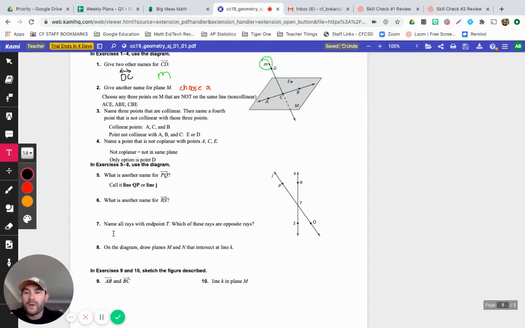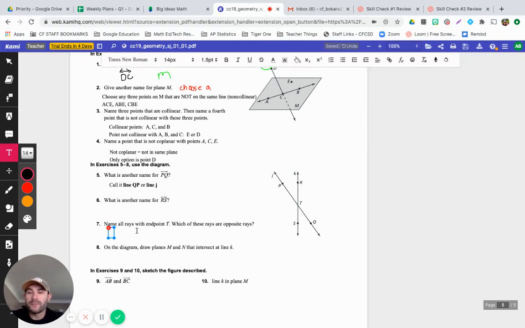Name all rays with endpoint T. So what are some rays we have with endpoint T? I'm going to type them and I'll put the notation above it. For a ray that has T as an endpoint, T has to come first. So we can go T to R, T to P, T to Q, or T to S. There's 4 of them.